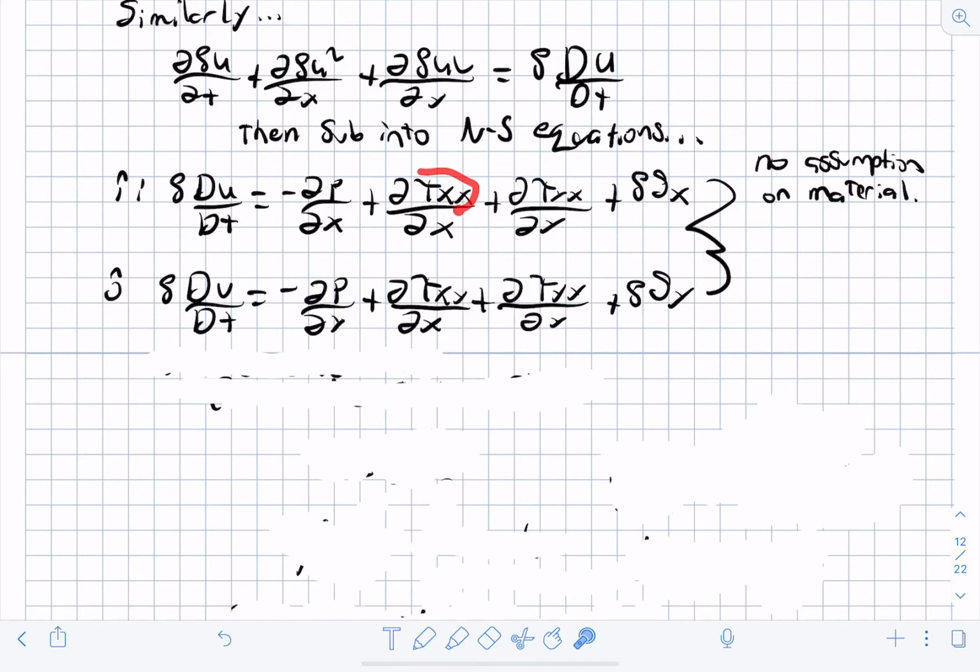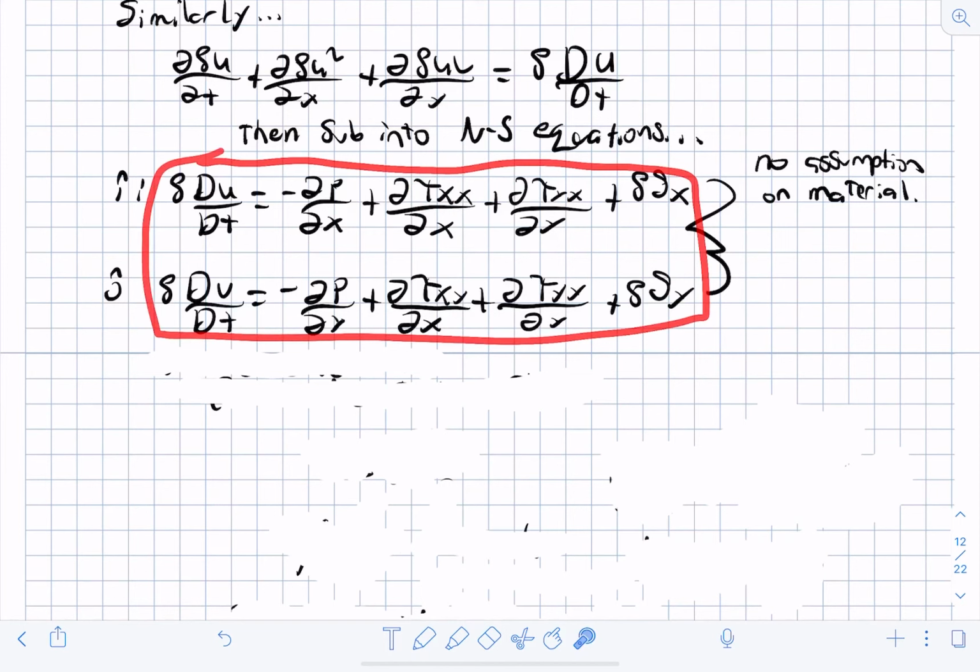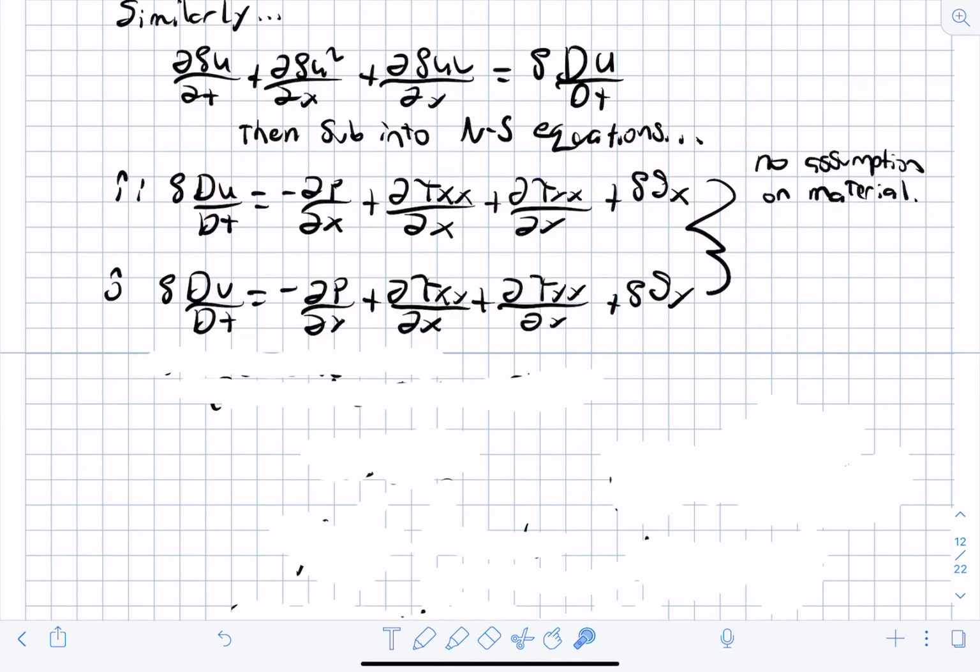So you can put in a solid stress law here, and these equations are still valid. And technically, I keep calling them the Navier Stokes equations, but technically, these are called the Cauchy equations.